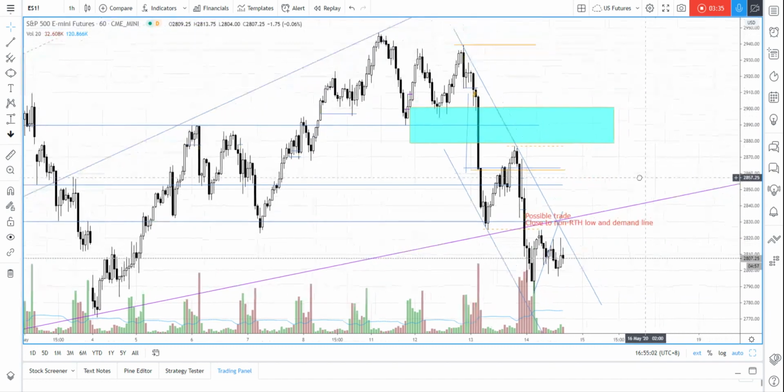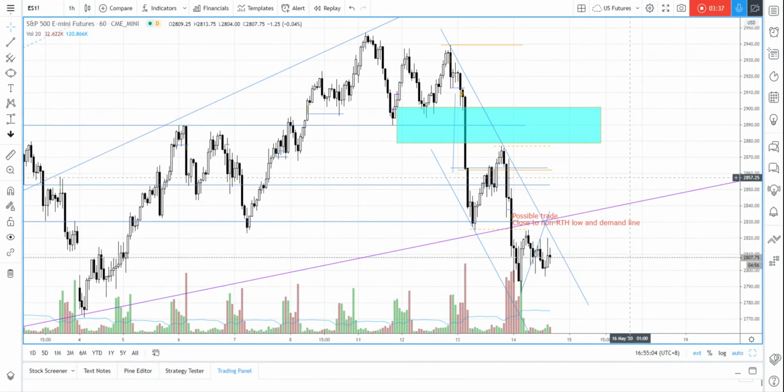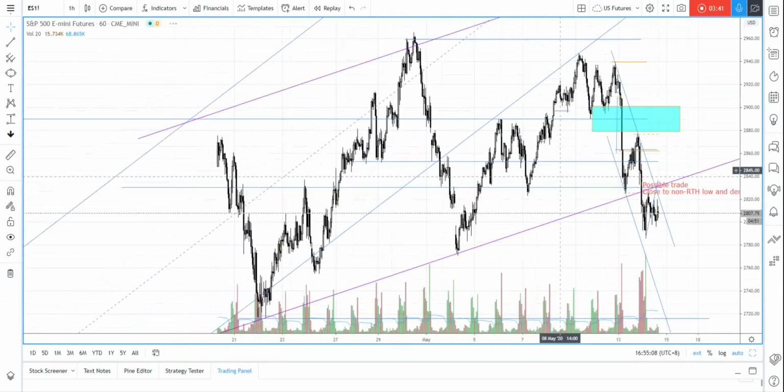Then we can just judge whether it will accumulate from there or just redistribute from that range.